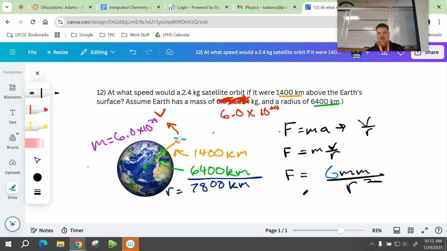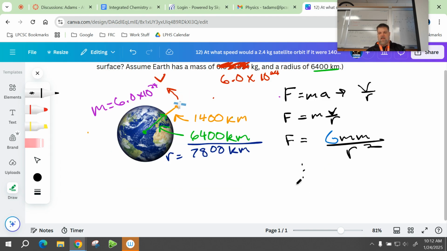Well, anyways, if you do a bunch of algebra, you get the relationship that V is equal to the square root of the gravitational constant G times the mass of the Earth, divided by the radius. Okay?